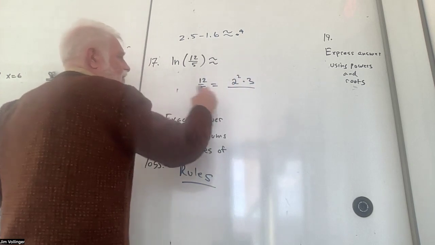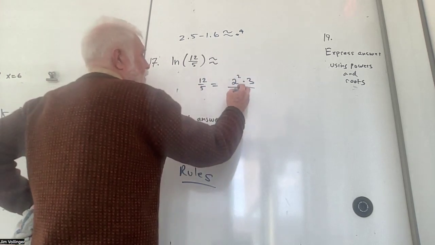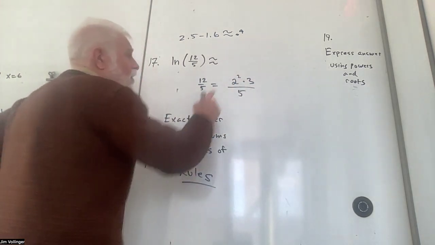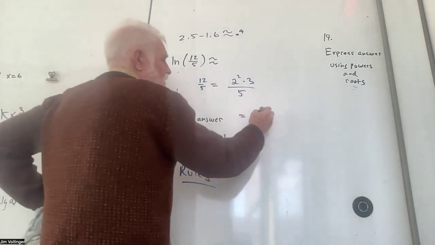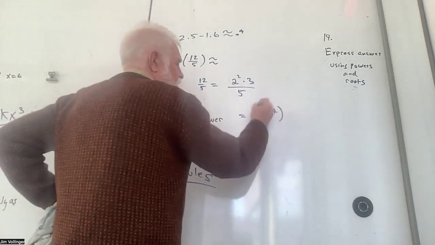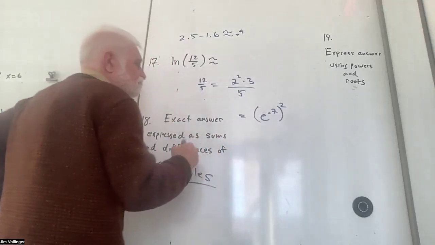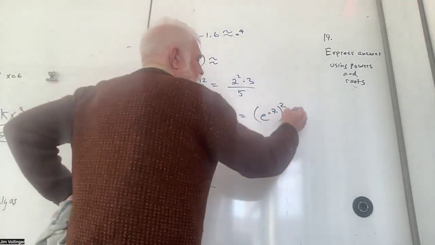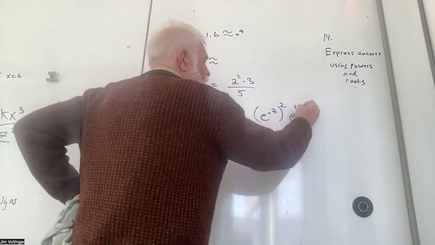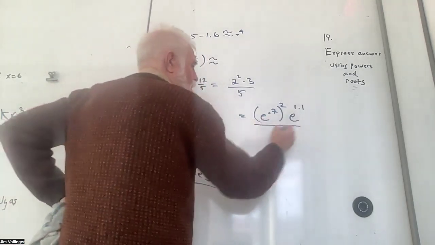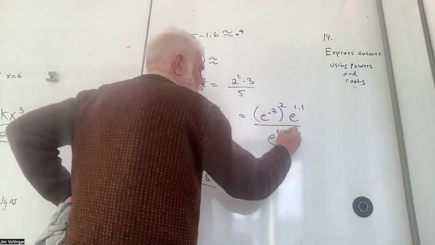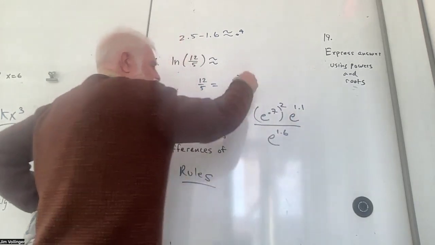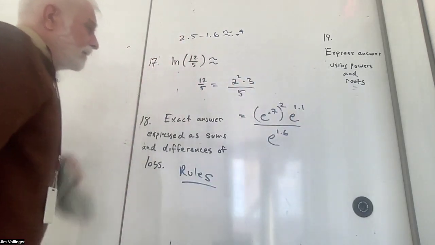And 5 is, well, it's just 5. Okay, so 2 squared is e to the 0.7 squared, roughly, times e to the 1.1. And that's over e to the 1.6. These are all approximations for 2, 3, and 5. So what do I have?